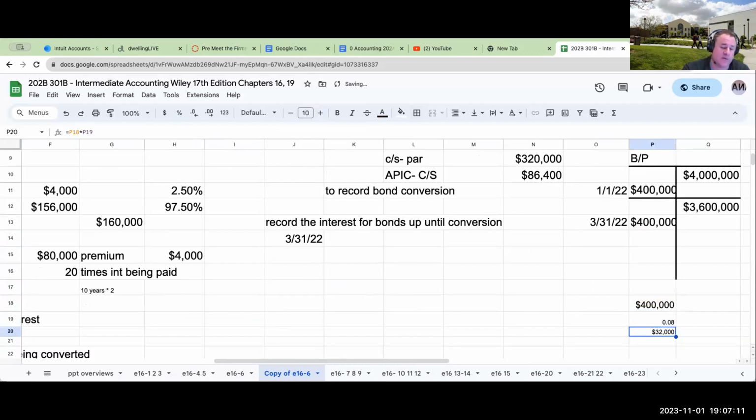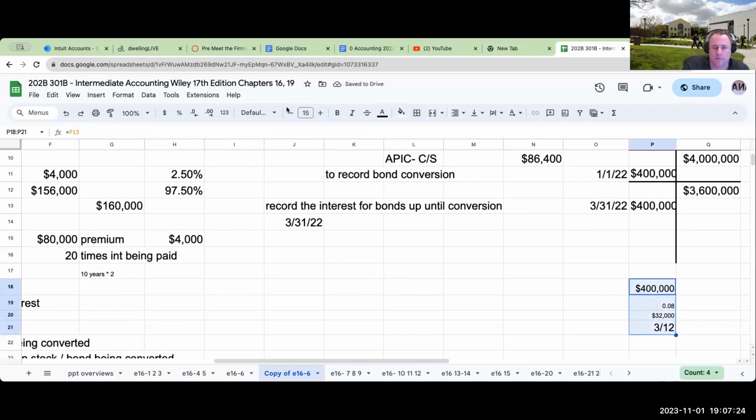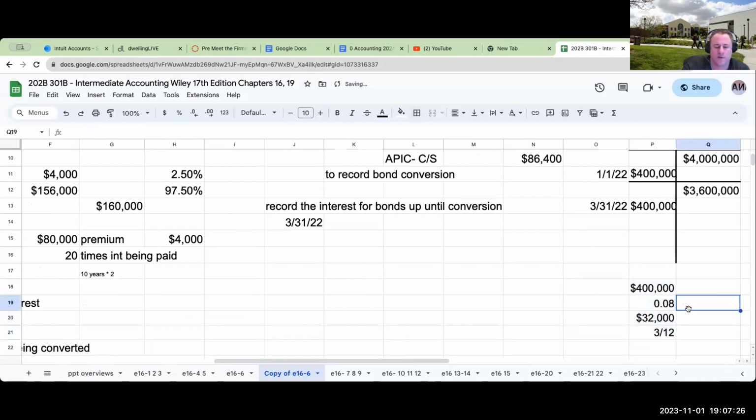So we've got 32,000, the amount of cash that would be paid for these bonds. This is annual, and we're converting it on March 31st, so I'm going to multiply this value by 3/12. This is the bonds' 3/31 conversion, annual interest, for 1/1/22 to 3/31/22, or 3 months.